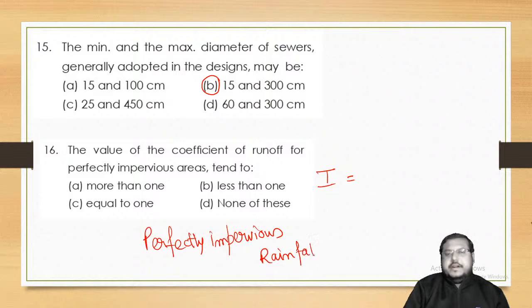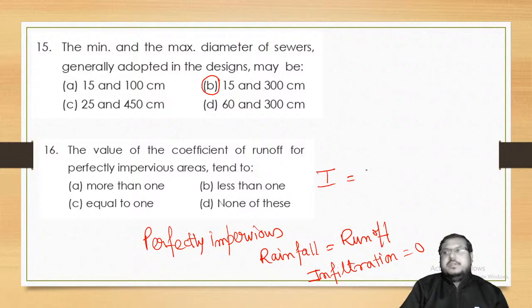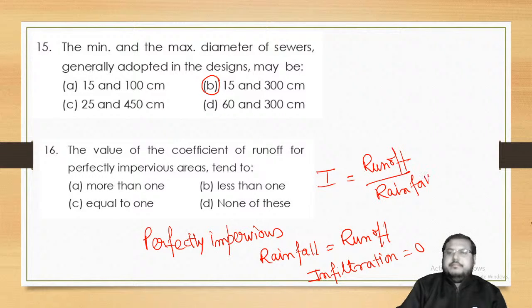Nothing will be infiltrated. Infiltration is 0. So I is actually equal to the runoff to rainfall ratio. If runoff and rainfall are the same, that will be 1 only. So 16, C.